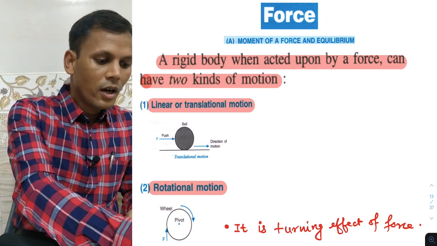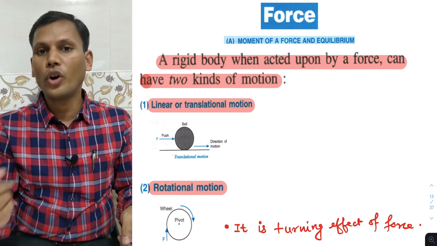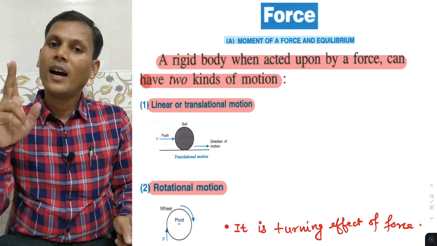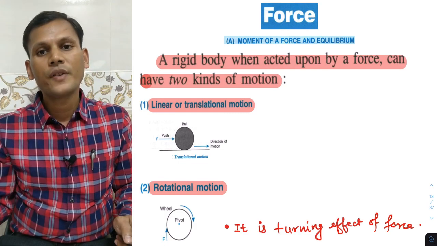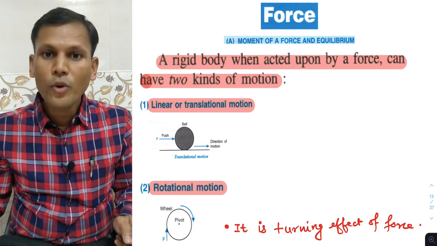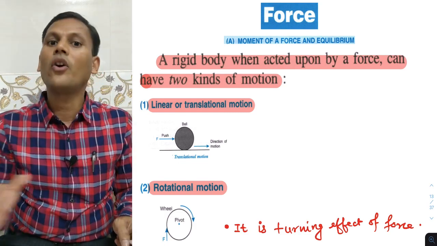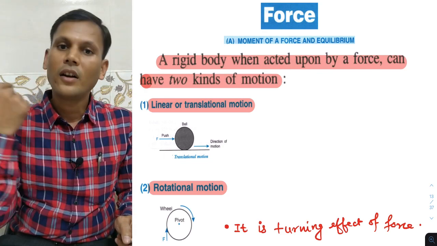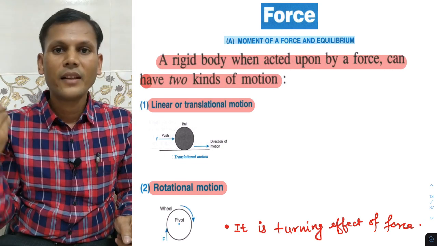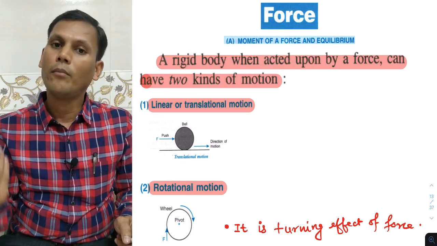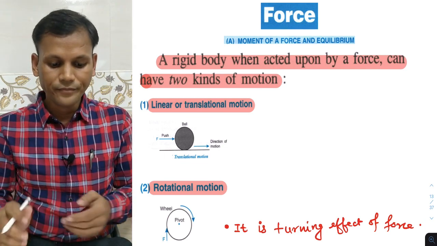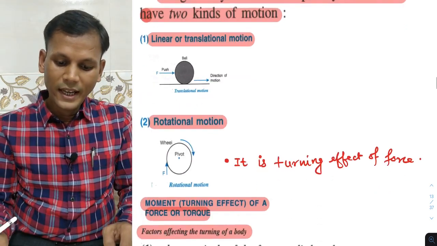So when a force is applied on a body, there may be two changes. Either the body will possess translational motion, that is linear or straight line motion, or secondly the body can rotate, meaning there will be rotational motion. That is the effect of force on the body.